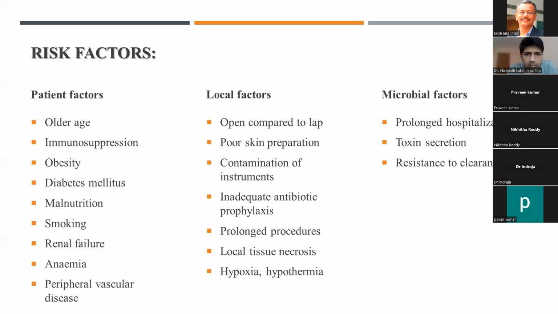These include patient factors such as old age, immunosuppression, obesity, diabetes mellitus, malnutrition, smoking, anemia, and local factors such as poor skin preparation, contamination of instruments, inadequate antibiotic prophylaxis, prolonged procedures, local tissue necrosis, hypoxia, hypothermia, and microbial factors such as duration of hospitalization, toxin secretion, and resistance to clearance.